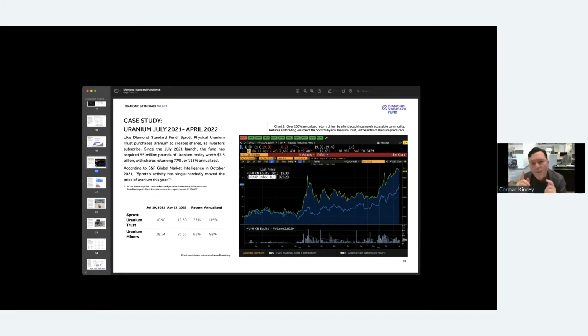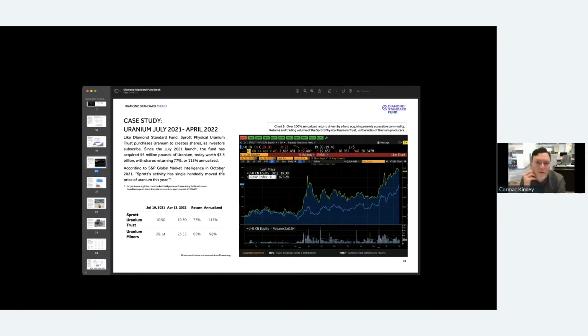And that one fund, through its accumulation of the available float of uranium, which is obviously just a small percent, really single-handedly drove uranium up 77% by the end of March of this year. So in less than a year, about 9 months, they drove uranium up 77%.